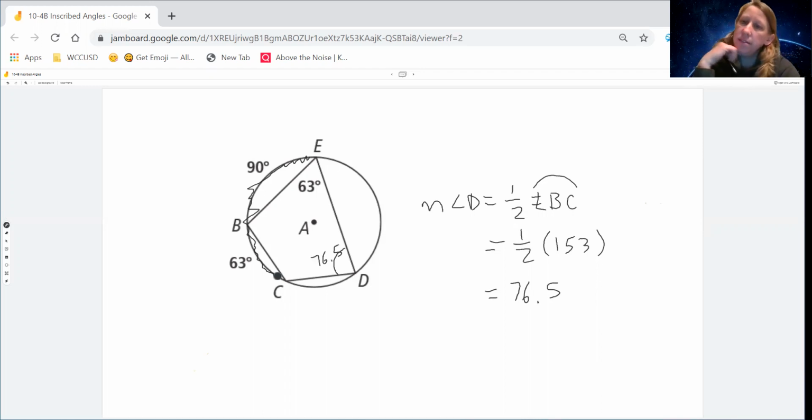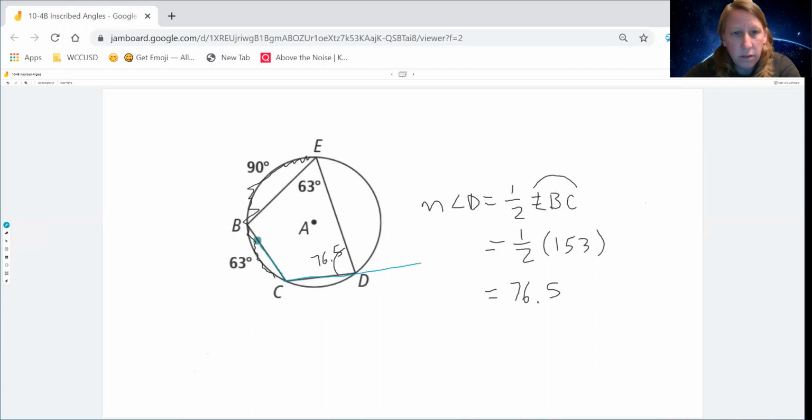Okay, this time, instead of dealing with more of these arcs, now I'm going to use the fact that a circle is 360. And the opposite angles inside the quadrilateral cut the circle. I'm going to use blue right here.